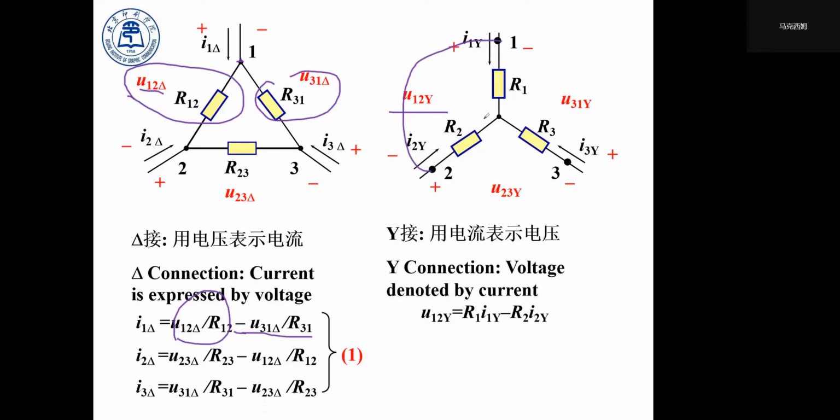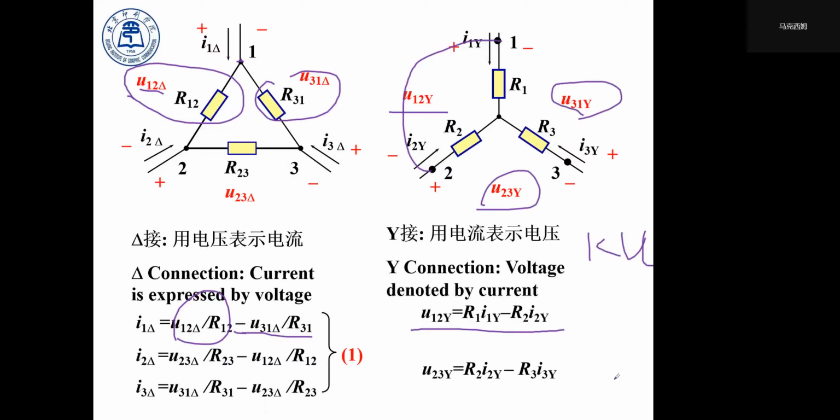So we can calculate by using KVL, the voltage law. Similarly, we can reach the other 2 terminal voltages.